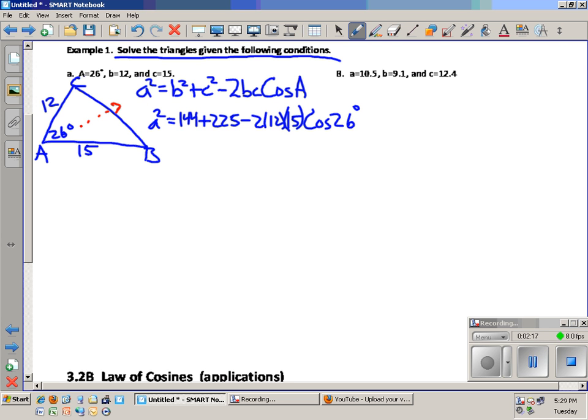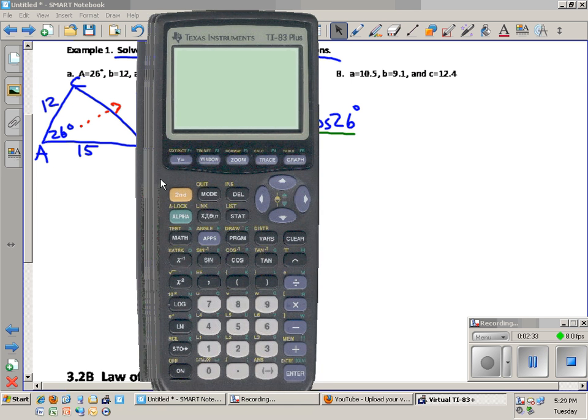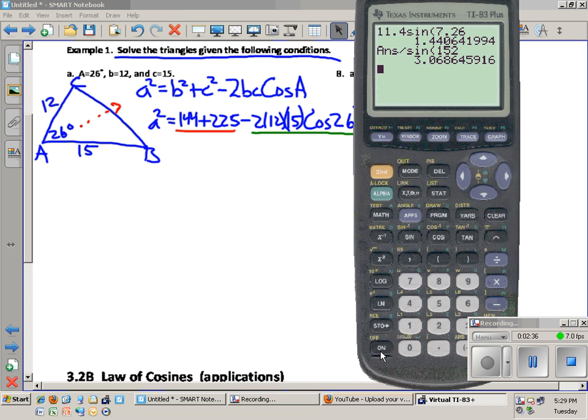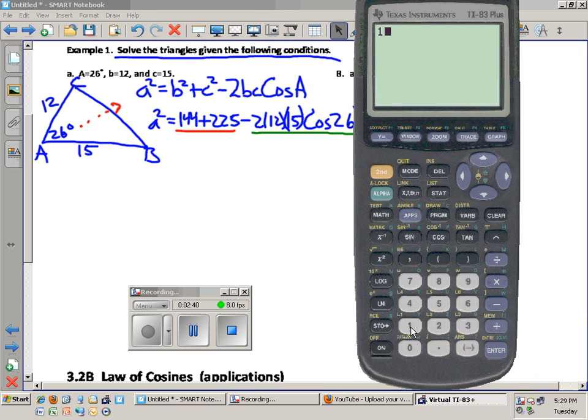Now I know that looks really bad, but it's not. What I like to do is find A squared first, and then take the square root of it in the end. That helps to avoid any problems you'll see in some of the other examples. As we try this out, first 144 plus 225, I get 369.